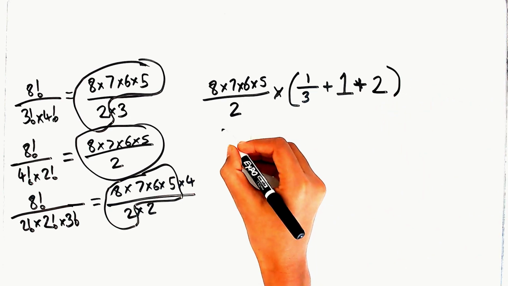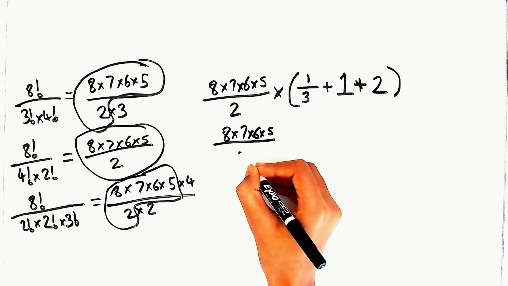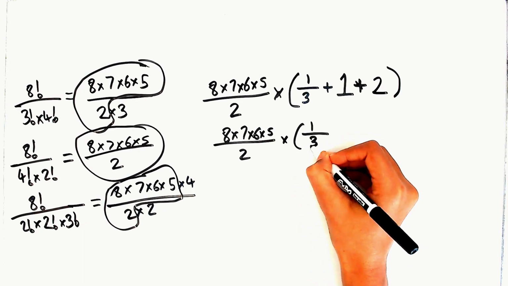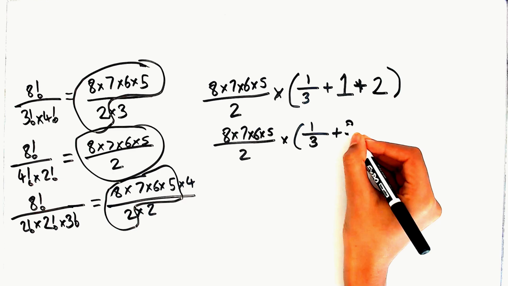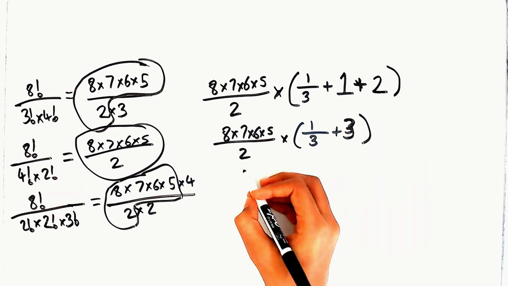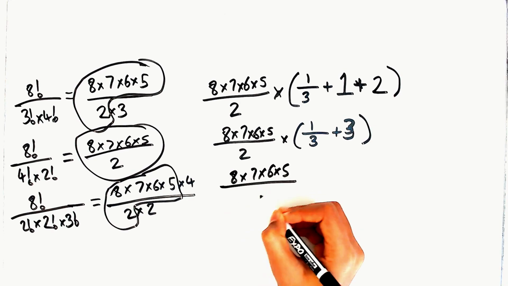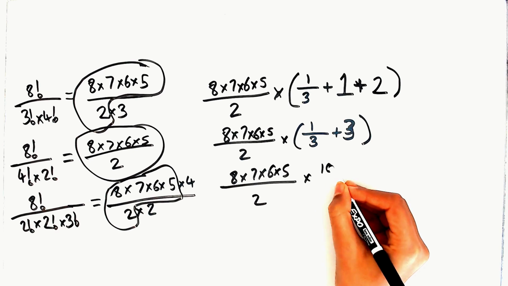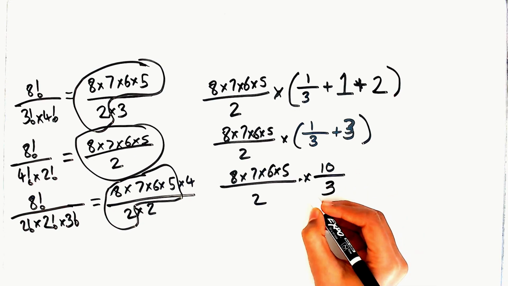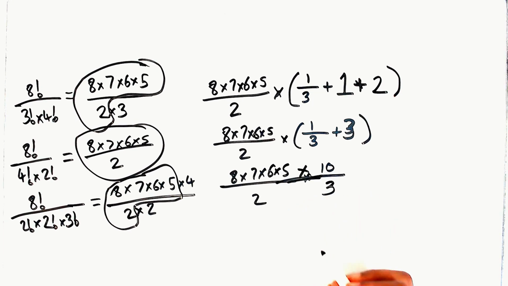So here, 8 times 7 times 6 times 5 divided by 2 times, so here we can write it as 1/3 plus 3. Here, we can actually write this as 8 times 7 times 6 times 5 divided by 2 times 10/3. So here, instead of times, we can just put a line here and put a times up here.